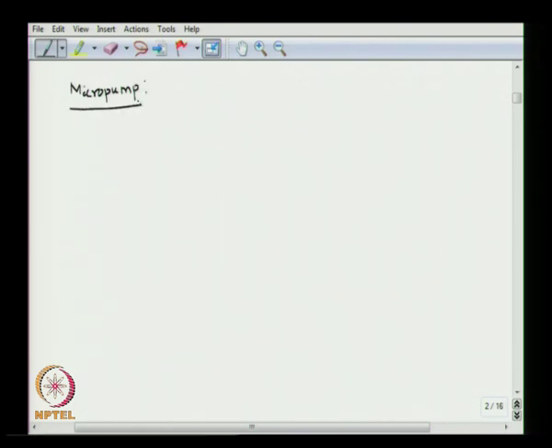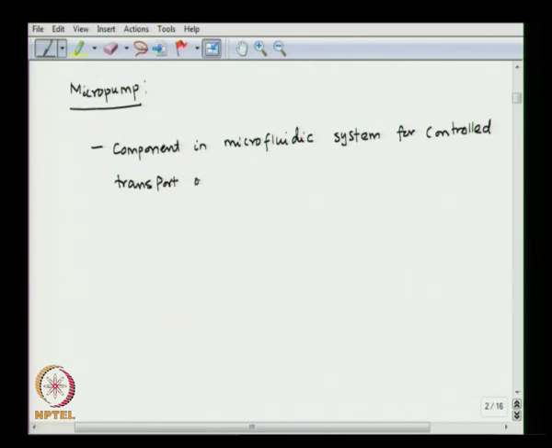Okay. So micro pumps are a component in a microfluidic system for controlled transport of fluids.